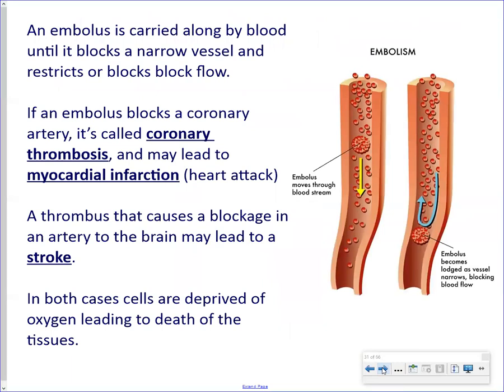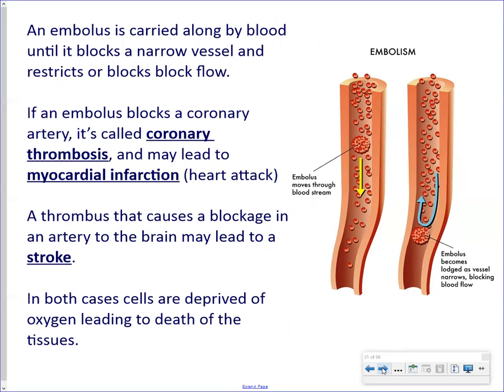So these clots, the embolus moving around the body, becomes a bigger issue when it gets to narrow blood vessels, because it can block the flow of blood. It can block narrow blood vessels and stop blood flowing through these particular vessels. Now that can cause major issues if it happens within the coronary arteries.